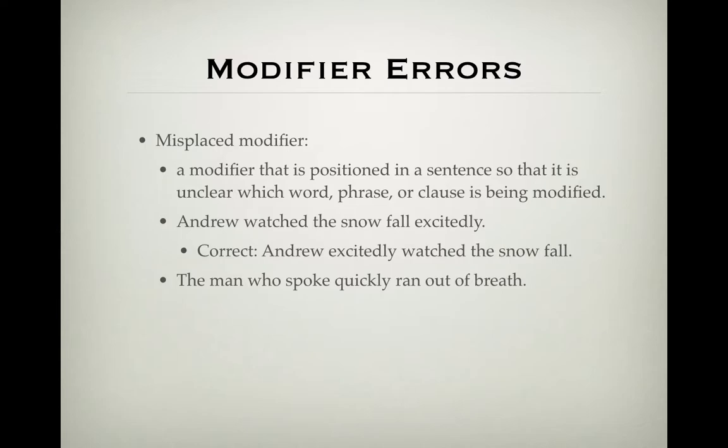So that kind of confusion just isn't good for a sentence. You want to be clear with your words and with your meaning. So a better way to write this one, the correct version, the man who spoke ran out of breath quickly. And so we know that we're referring to the man who spoke and that he ran out of breath quickly, not that he spoke quickly. So adding clarity to your sentences.